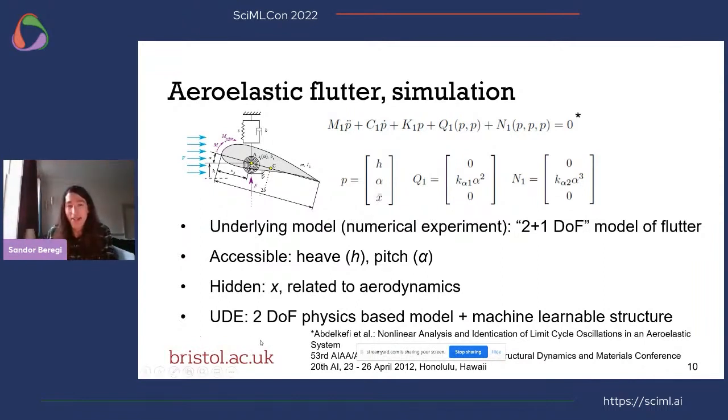So what I did was create a 2 degrees of freedom physics-based model using just the accessible part, the heave and the pitch motion, and added a machine-learned structure to compensate for the model error.